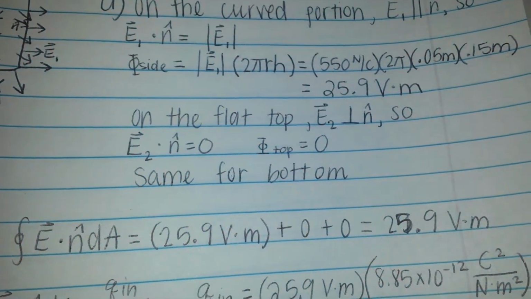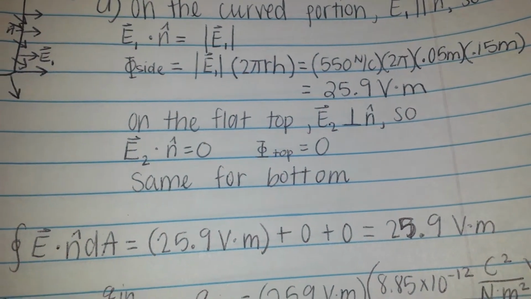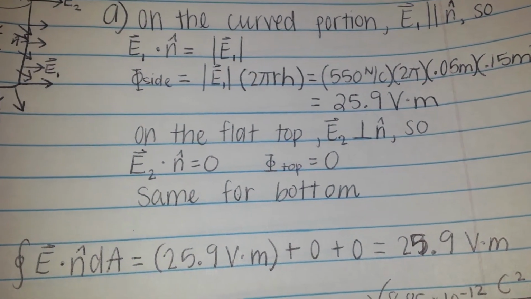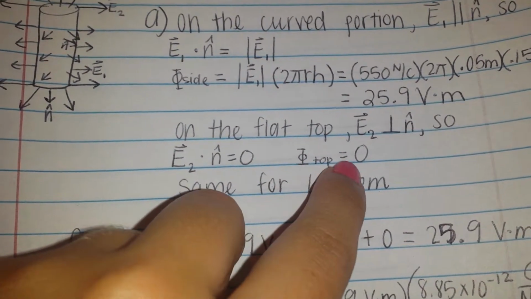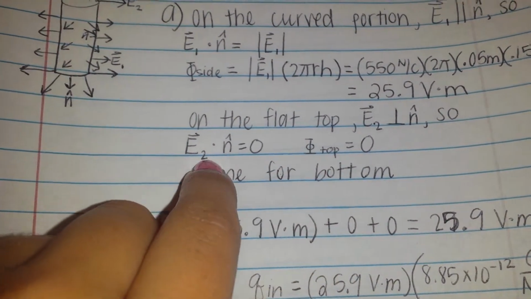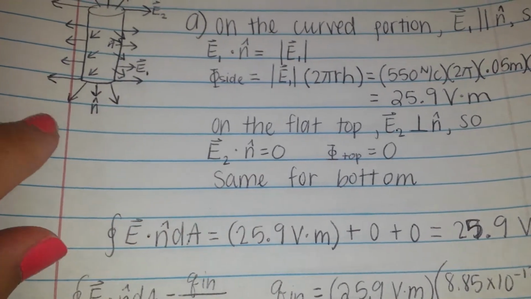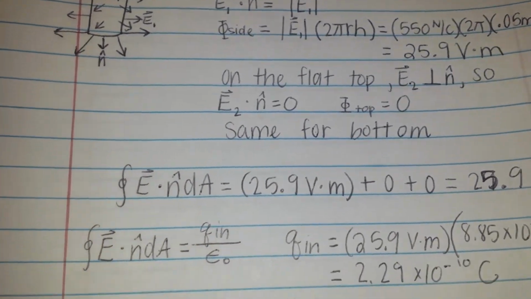So on the flat top, like I said before, E2 is perpendicular to n hat, so that means that the flux is going to be 0 when you multiply those together, and that goes for the same for the bottom.